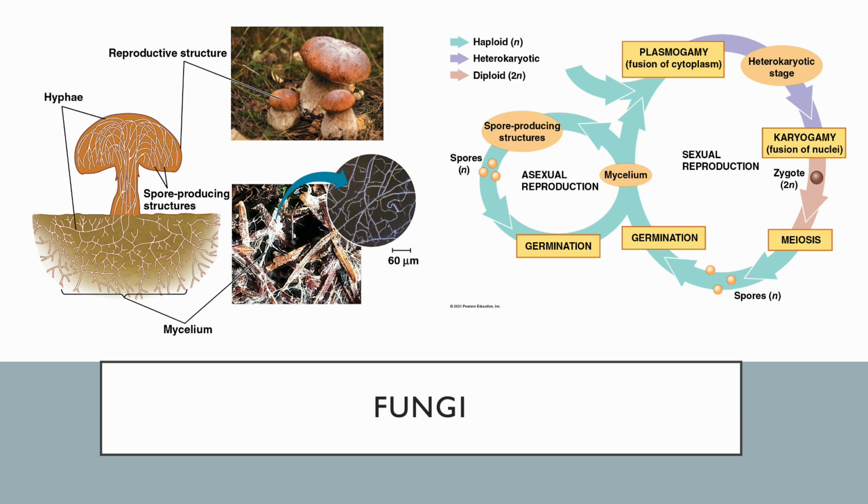That 2N zygote then undergoes meiosis, creating more spores through germination. And when the spores, in some cases reproducing asexually, or another set of spores that would come from the meiosis of a 2N zygote, come together, they create mycelium, and then that can either continue on this asexual loop that we see here, producing more spores, or join their plasma, creating another 2N zygote.